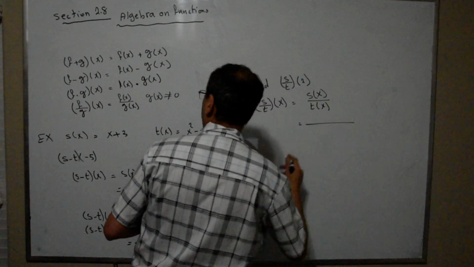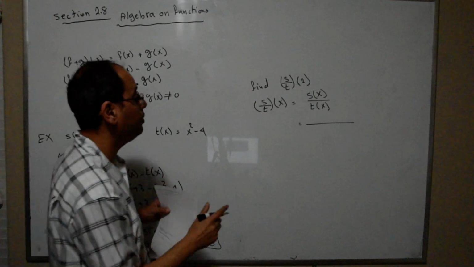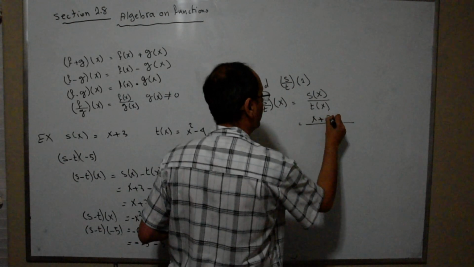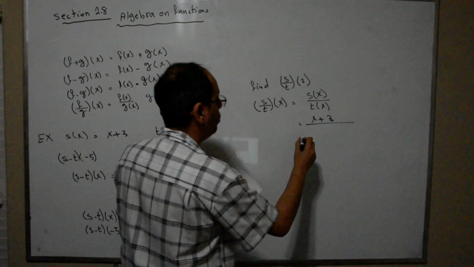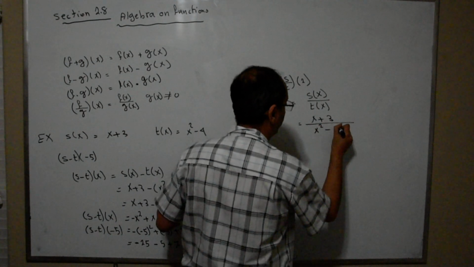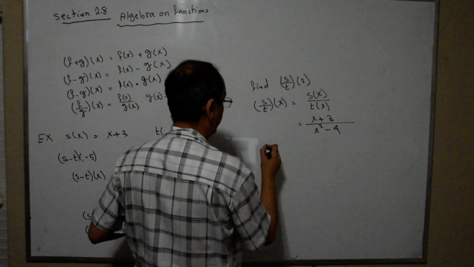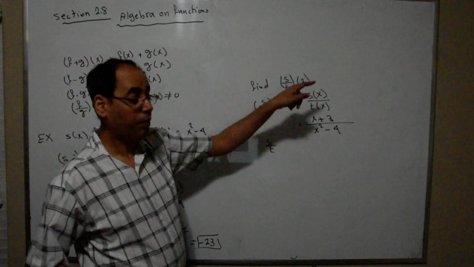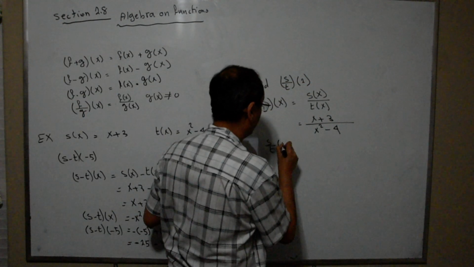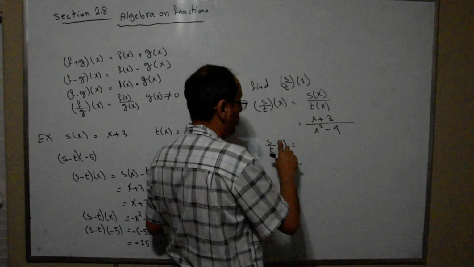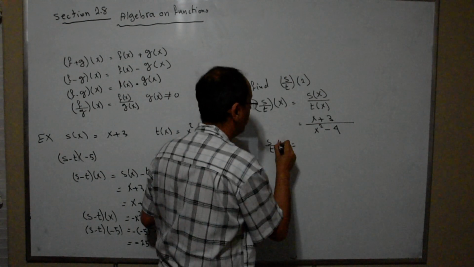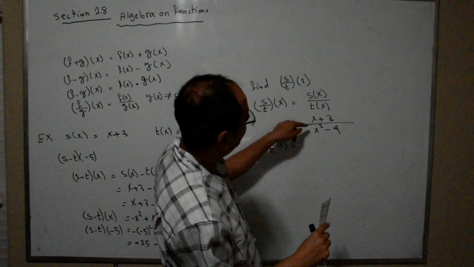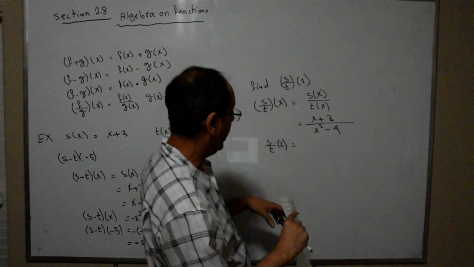Okay? What is s of x? x plus 3. And t of x is x squared minus 4. So s over t of 2 will equal, we're going to plug 2 here in x.